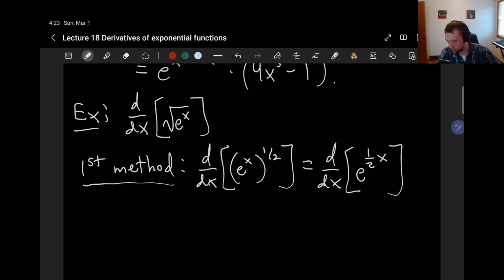Now this is chain rule. It's just a little different than what I said at first. In this case, e is the outside function because we're plugging in 1/2 x into an e to the x function.